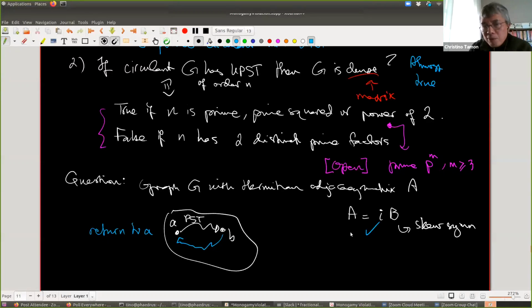And the proof in a sense requires Gelfand-Schneider.